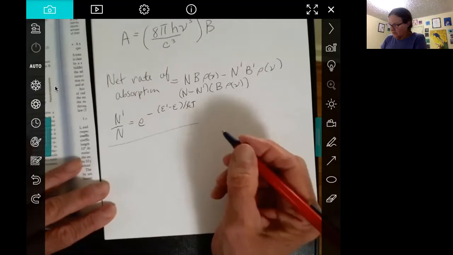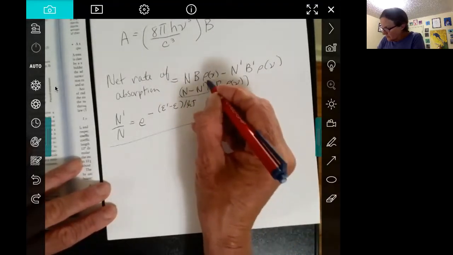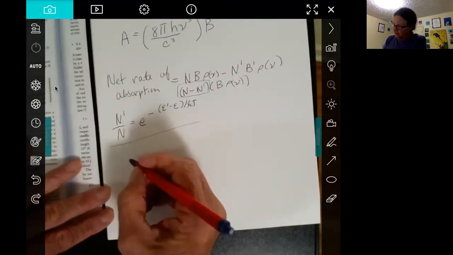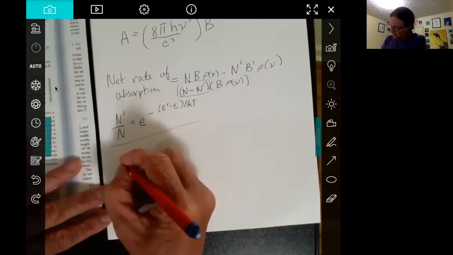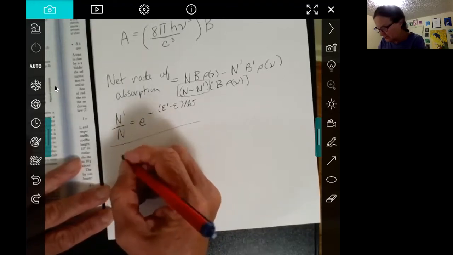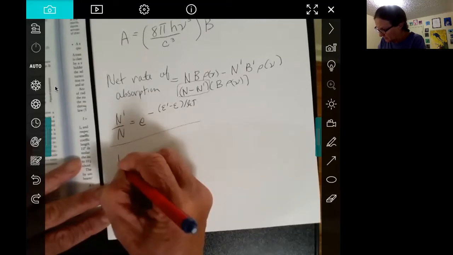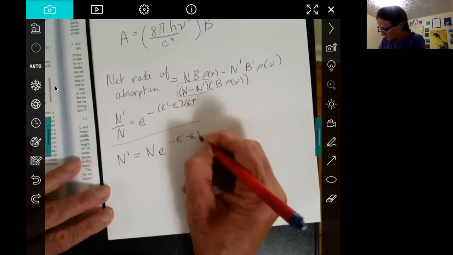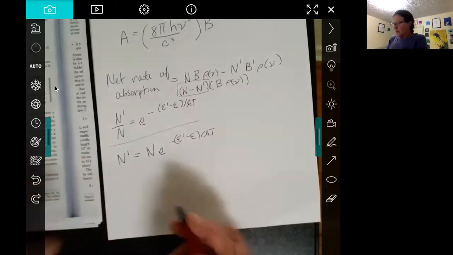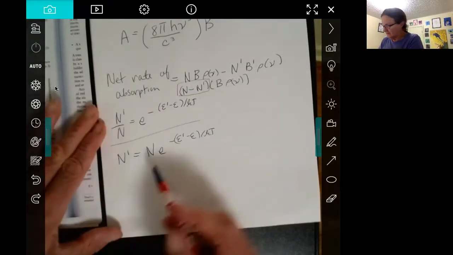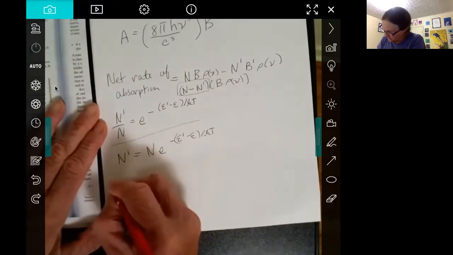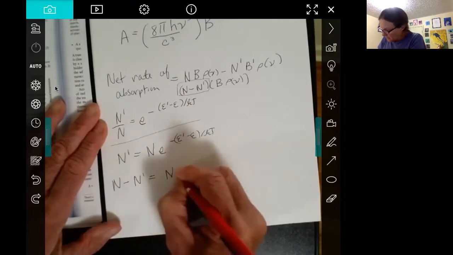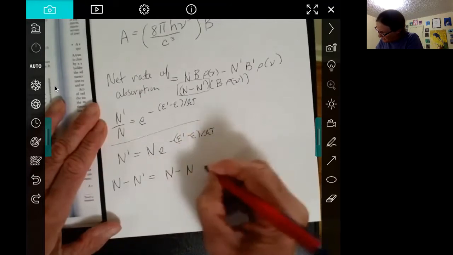Now you can just rearrange this to solve for the difference in number of excited state versus ground state. And when you do that, the best way is probably to just multiply through by N, and then if I want it to be N minus N prime, I can take N minus N prime on this side and N minus N prime on this side.